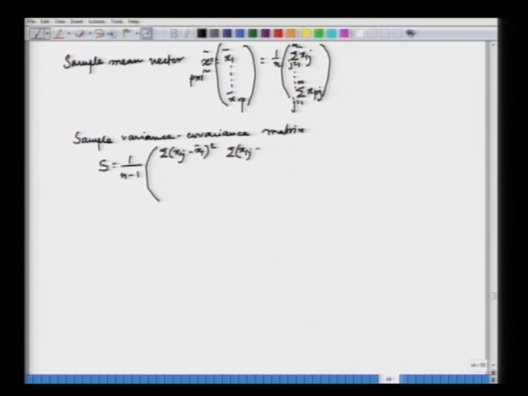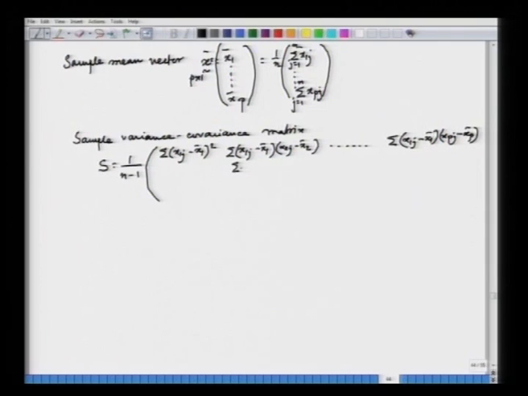So, I will have to consider x1j minus x1 bar times x2j minus x2 bar, and similarly the last one in this row is x1j minus x1 bar with xpj minus xp bar.